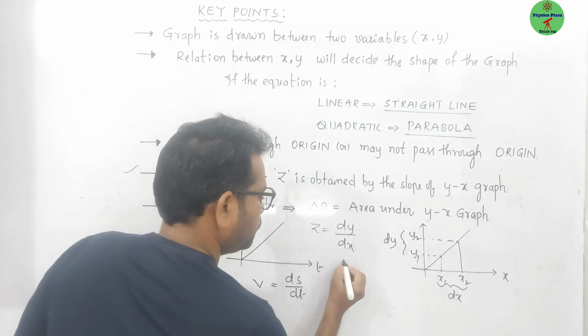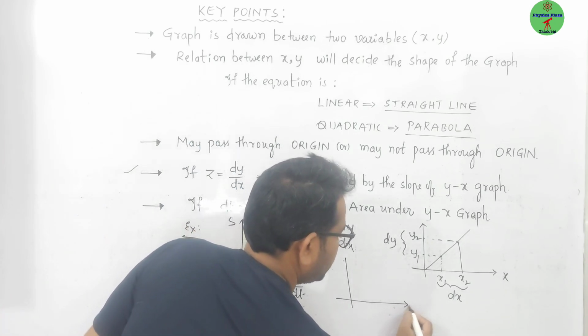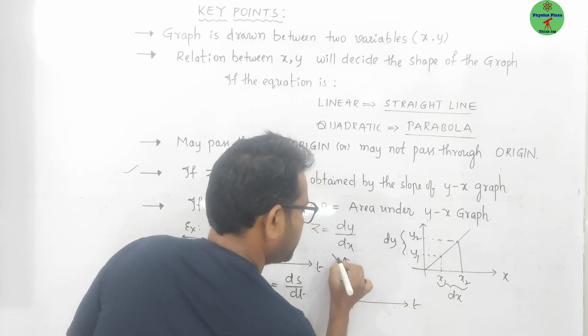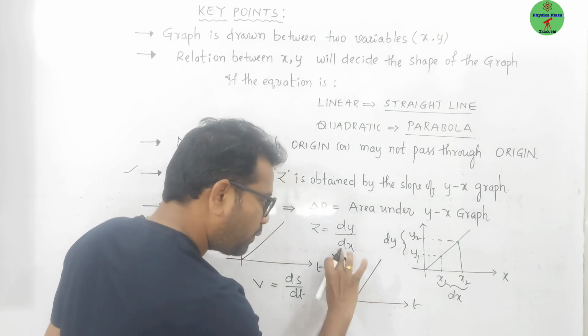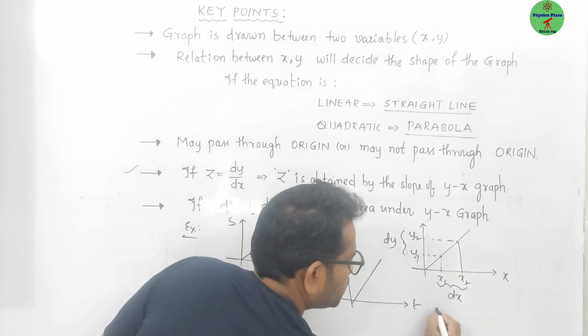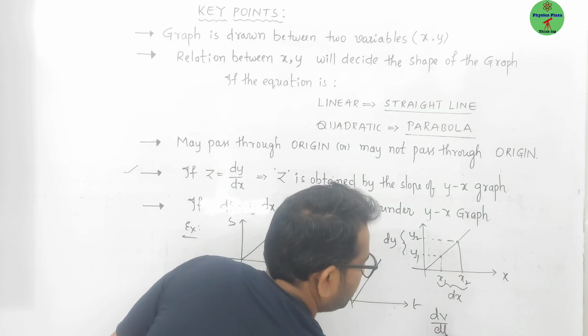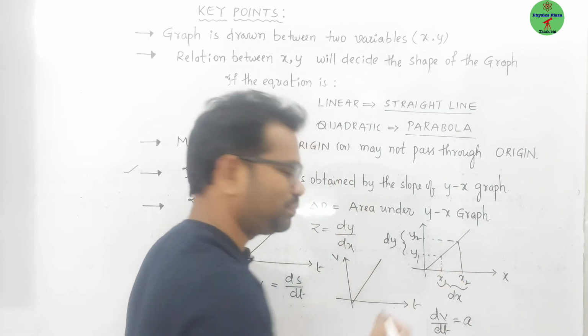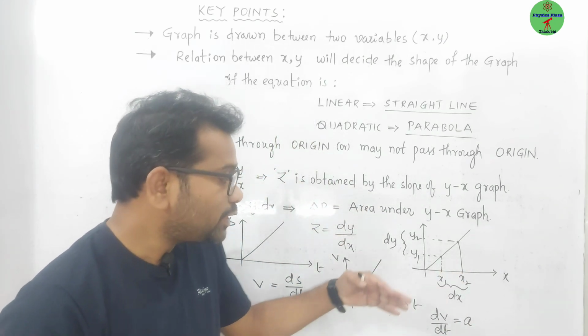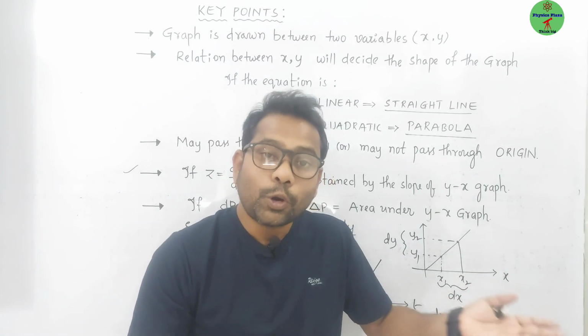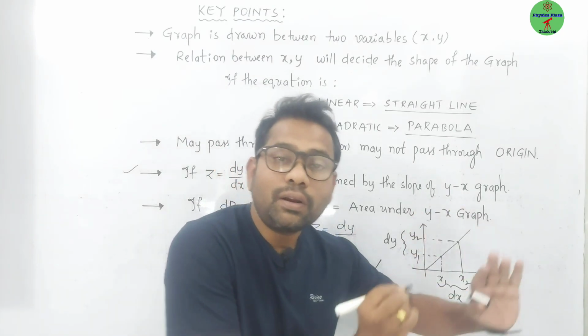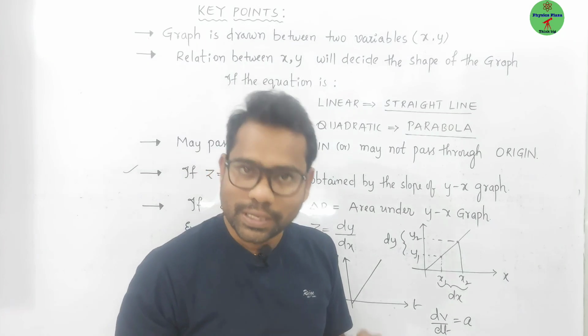The same thing happens for, let us take here, the velocity time graph, children. The slope of the velocity time graph gives acceleration. So this is how, by finding the slope of a given graph, we also can find a particular physical quantity. Is the point clear?